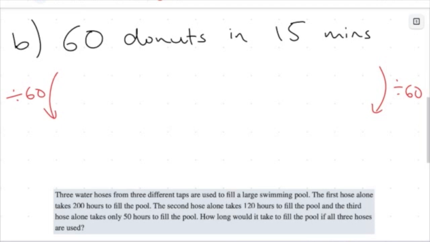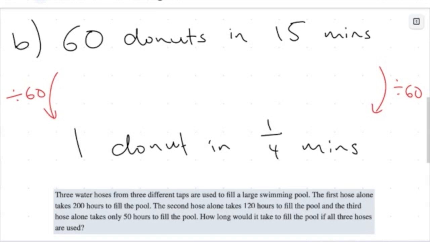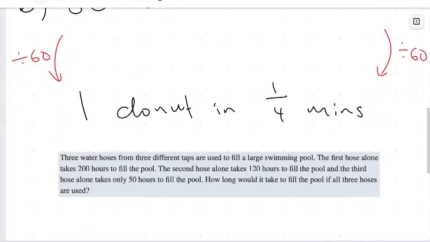So that's going to give me now instead the amount of time it takes for one donut. And if I divide 15 by 60, I get a quarter of a minute. So in a quarter of a minute. So not a whole minute, a quarter of a minute, or 15 seconds.